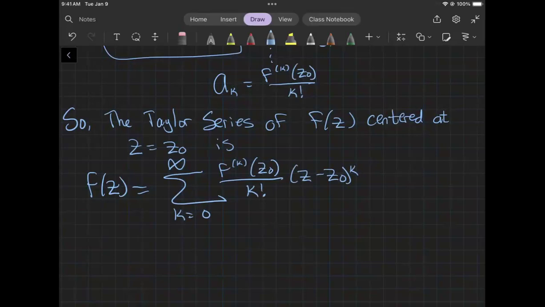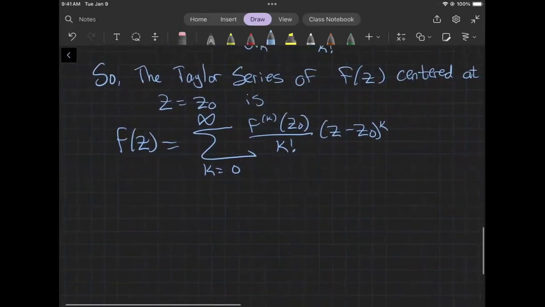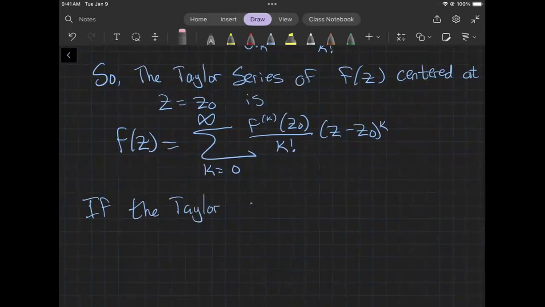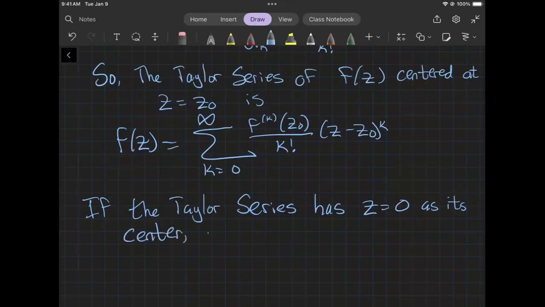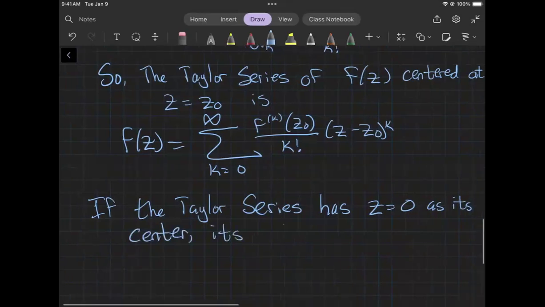Okay, so if the Taylor series has z equals 0 as its center, it is called a Maclaurin series.